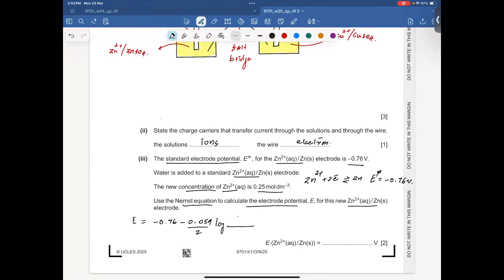So for all solid substances, we need to take the concentration 1, and the concentration of zinc ions is 0.25. So the value of E from here is going to be how much? Minus 0.778 volt.